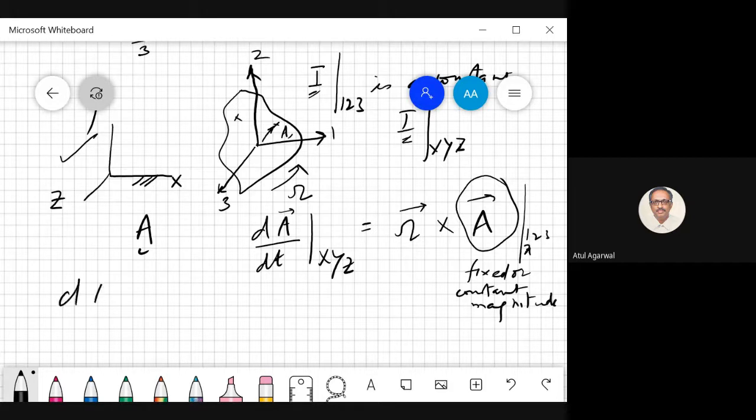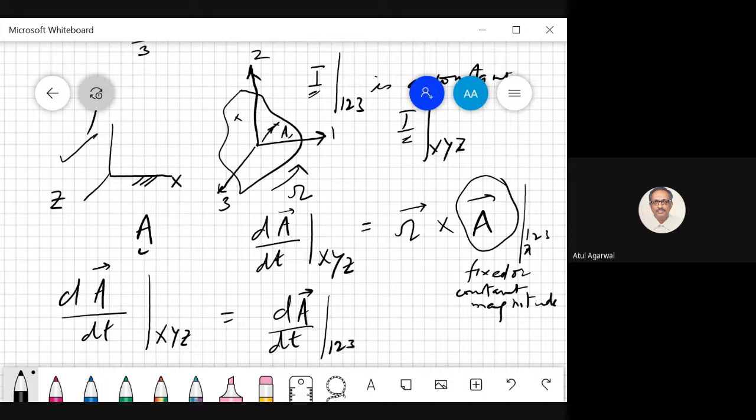I can say dA by dt in capital XYZ is equal to dA by dt in 1, 2, 3, plus omega cross A. If A is not fixed with respect to 1, 2, 3, then it will have some variation with 1, 2, 3, plus a variation because this 1, 2, 3 is rotating with respect to capital XYZ.